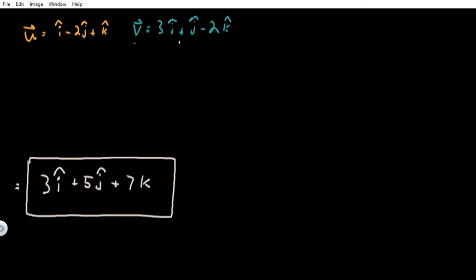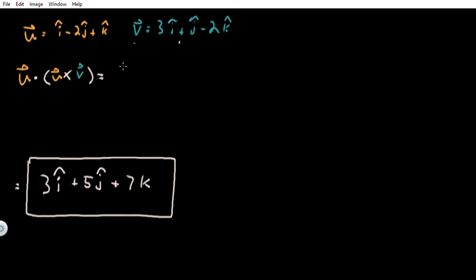First we're going to do u dotted with the vector u cross v. Remember, to take the dot product you just sum the product of the x components, added to the product of the y components, added to the product of the z components.